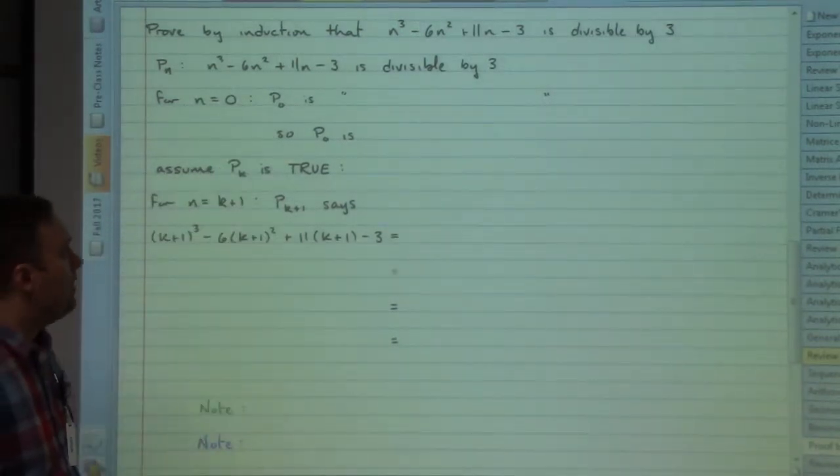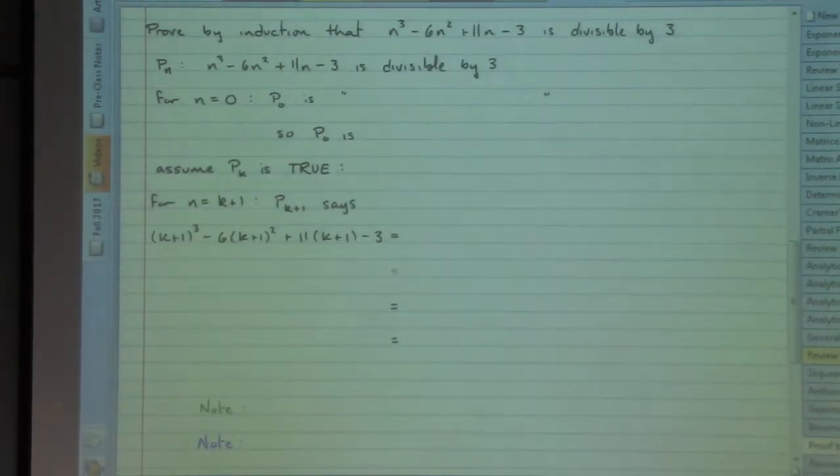If we plug in a 0, 0 to the power of 3 is 0, and 0 squared is 0. That means that this whole statement, n to the power of 3 minus 6n squared plus 11n minus 3, would give us a negative 3.